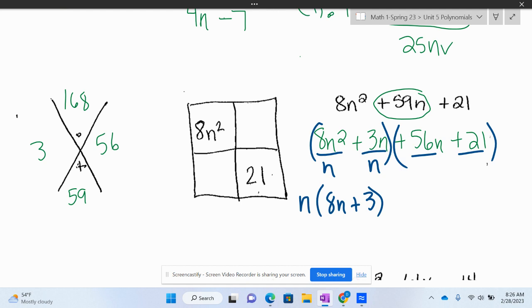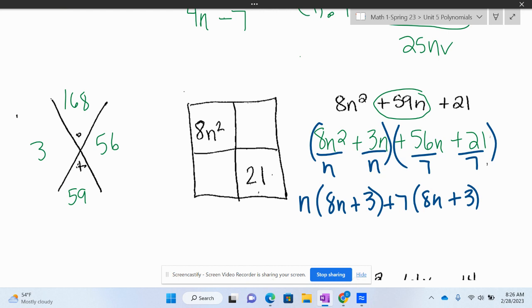What about your second grouping? What can I take out of the second grouping? I can take out a 7. Yeah. Divide by 7. So it's a positive 7. And that's going to give me an 8n plus 3. Do I have a copycat? Exactly the same.